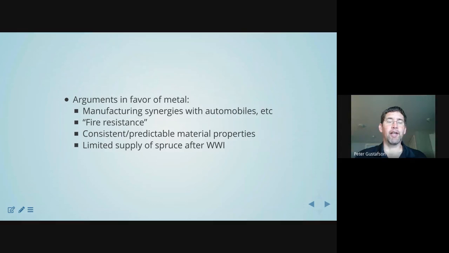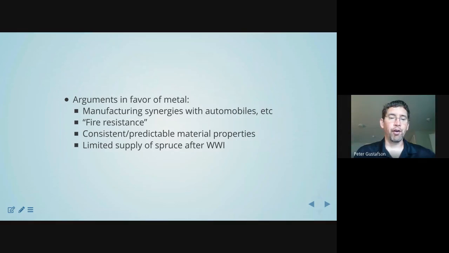So an extensive amount of work had gone into developing manufacturing techniques for metallic structures. You can think of these things as things like stamping and metal bending, which were becoming quite efficient because of the large production of automobiles. And so therefore it was relatively easy to do the same thing for aircraft.